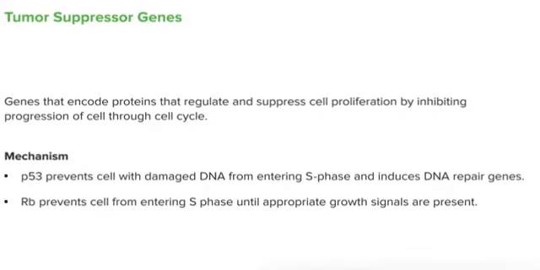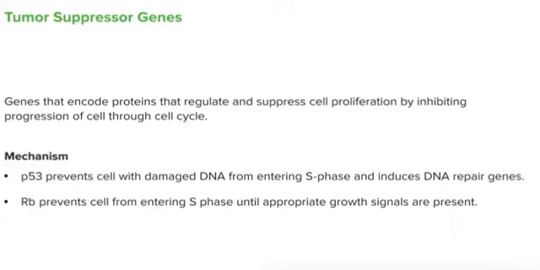They encode proteins that regulate and suppress the cell cycle. The two that we already talked about include RB and p53. Both of these tumor suppressor genes prevent the cell from getting through G1 to S phase. Here p53 prevents two things and has two functions.